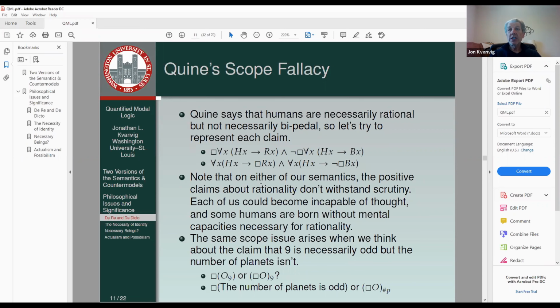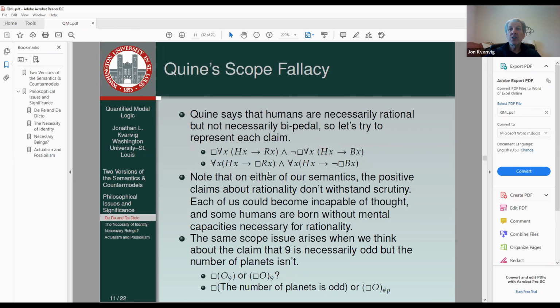If you're not essentially a human being, then the de re reading sounds absurd, right? You pick out a human being and you say, okay, we've got a human being. Used to be a dog in a former life, but that would have been a rational dog because the human being is essentially rational.